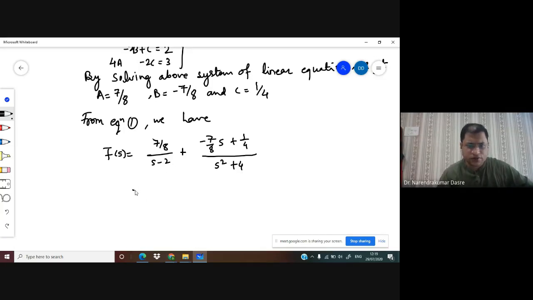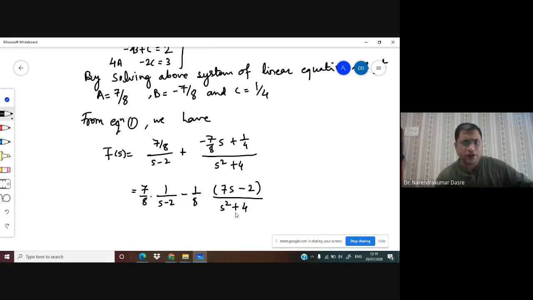So I can simplify this as 7 by 8 into 1 upon s minus 2, minus 1 by 8 common. So I'll get in the numerator 7s minus 2 upon s square plus 4. Are you getting this term?